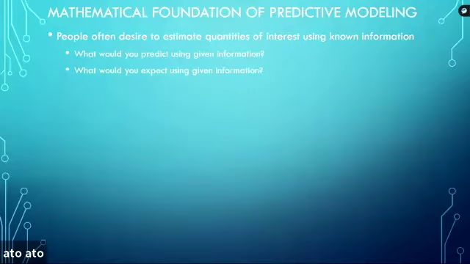This is roughly what we're trying to do in most of predictive modeling: people desire to estimate a quantity of interest using known information. What are sales going to be this month? What's the probability that a person lives longer with this medication as opposed to that medication? These are all quantities of interest, and we want to estimate them.